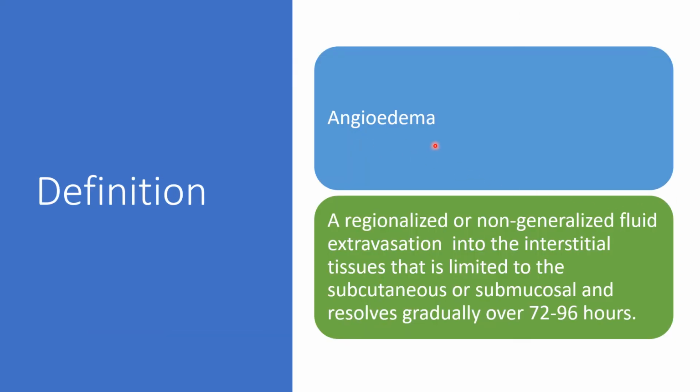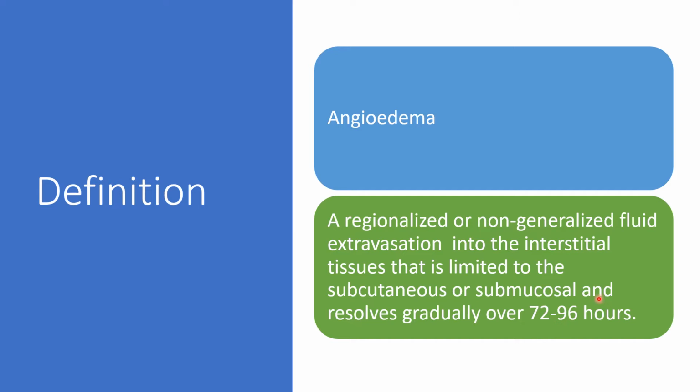What is angioedema? It is a regionalized or non-generalized fluid extravasation into the interstitial tissues that is limited to the subcutaneous or submucosal and resolves gradually over 72 to 96 hours.